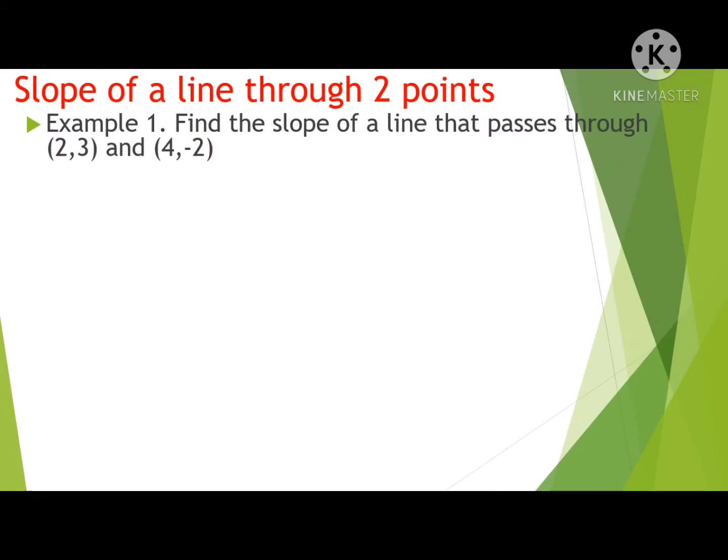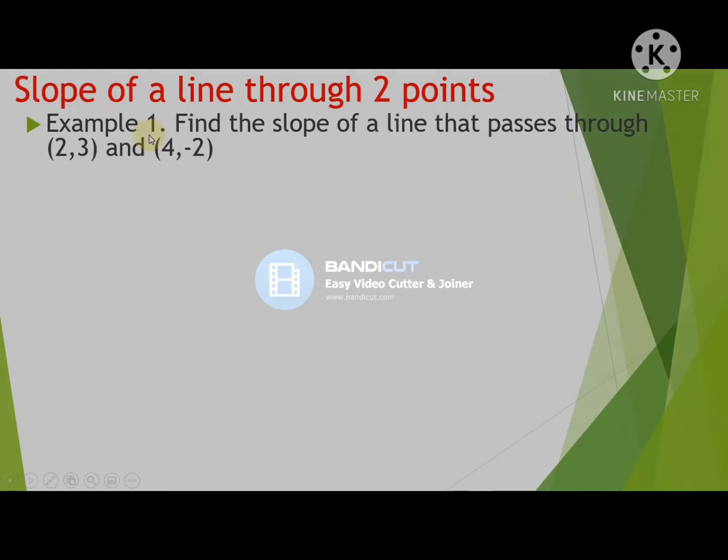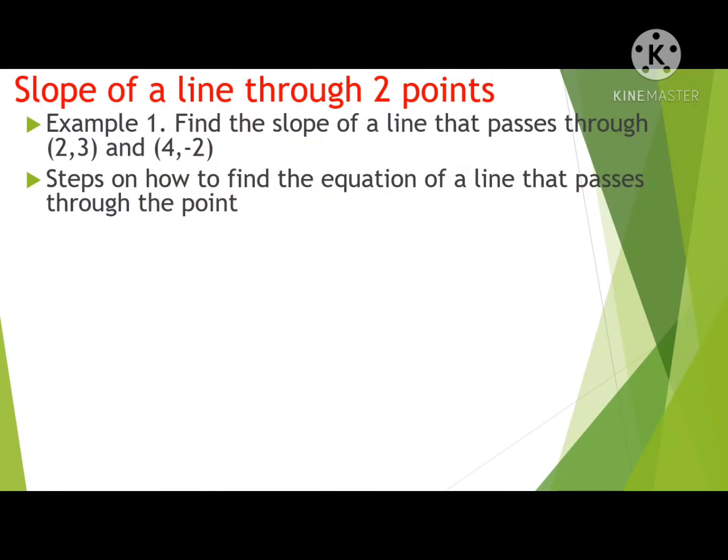So I have here an example. Find the slope of a line that passes through (2, 3) and (4, negative 2). So we have two given points. Steps on how to find the equation of a line that passes through the points.